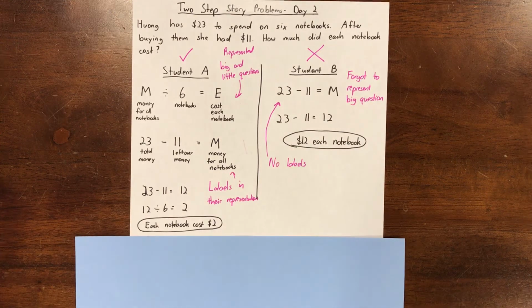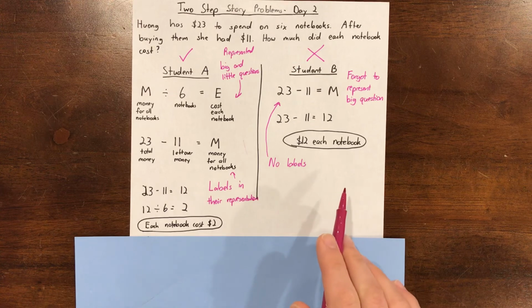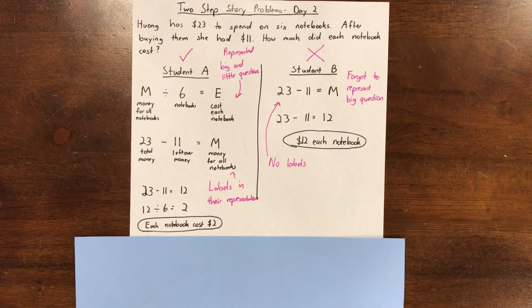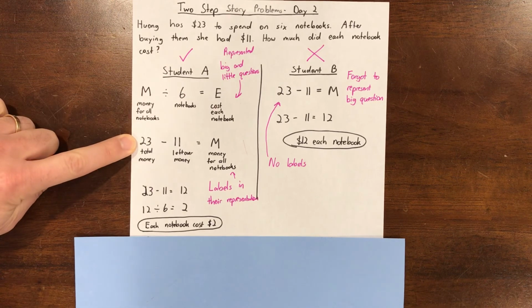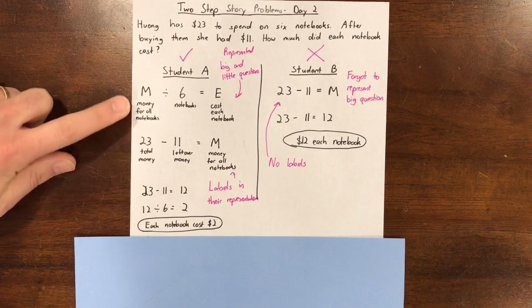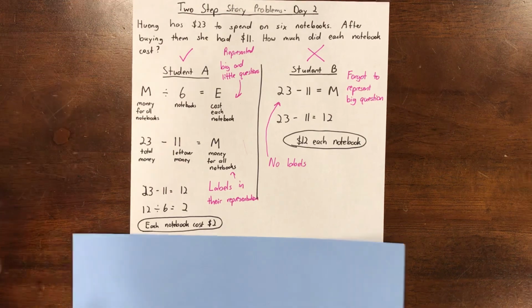Okay, so as you are working on story problems today, what are you going to ask yourself so that you don't make the same mistakes that we see over here in student B's work? Say it out loud. Right, we could ask ourselves, did we represent both the big question and the little question we have to answer first in the problem? And then also, did we include labels as part of our representation?